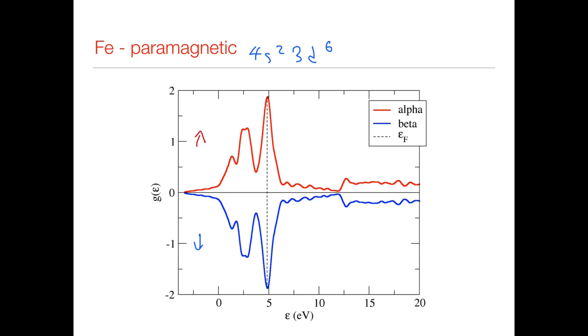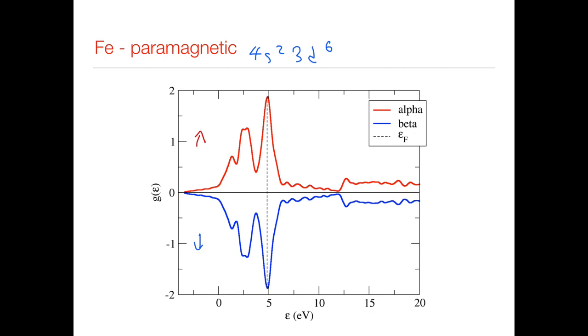So again, the Fermi energy is within the set of D states, but it's further up than titanium. And you notice straight away the value of the density of states at the Fermi energy is high. It's about as high as it could be.